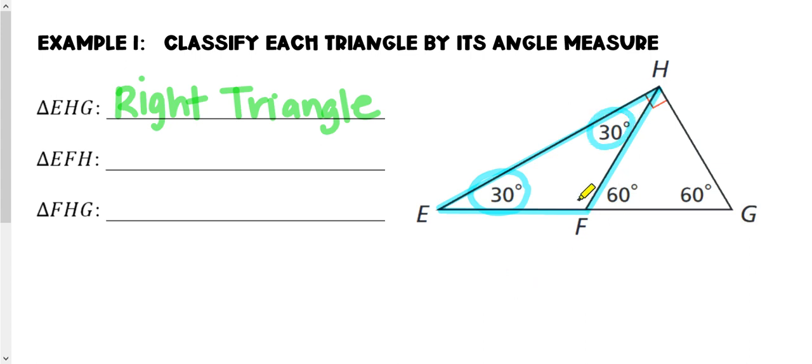And then F, we don't have, but what do you notice about the relationship between this angle here at F and then 60 degrees over here? Well, those two form a linear pair. So it's 120 degrees, that angle F for triangle EFH. So because you have that obtuse angle, EFH is an obtuse triangle.